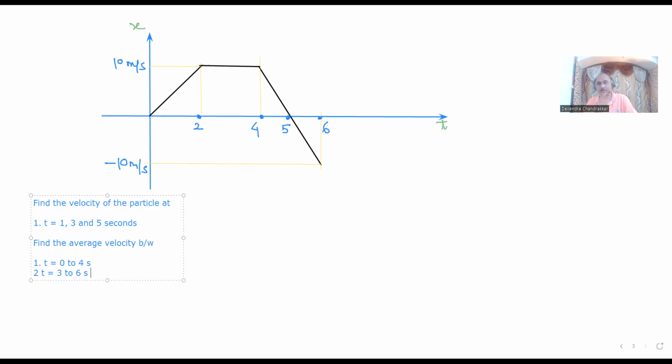Sorry, this is not meters per second, this is meters only, okay? These are meters. So let's do this first one.